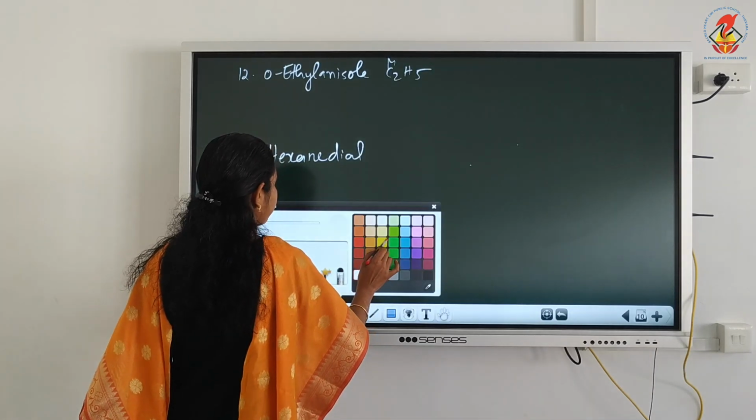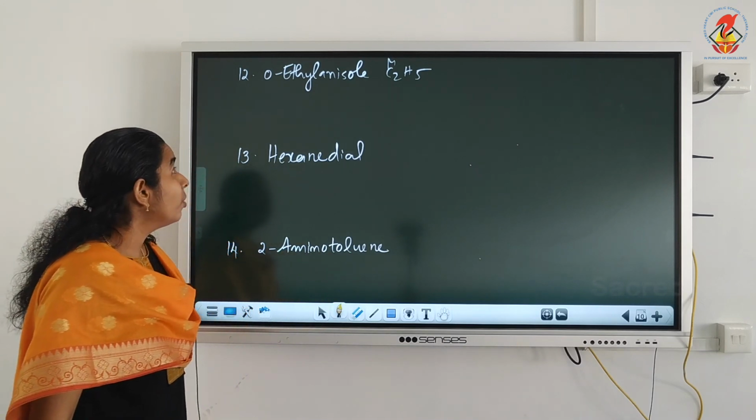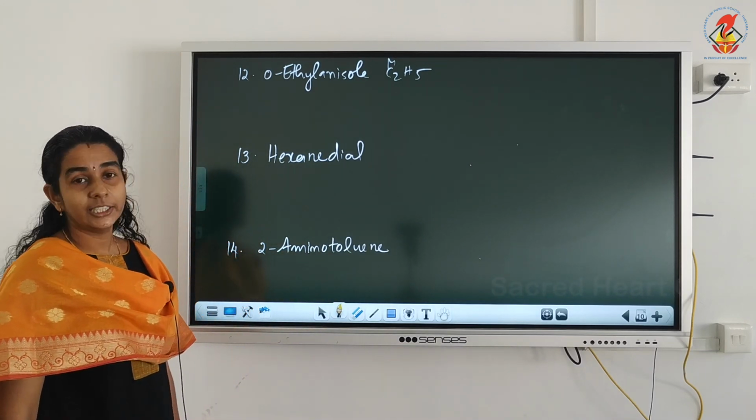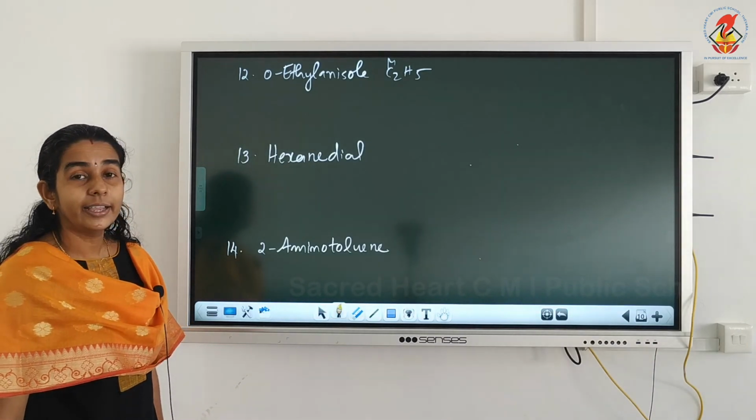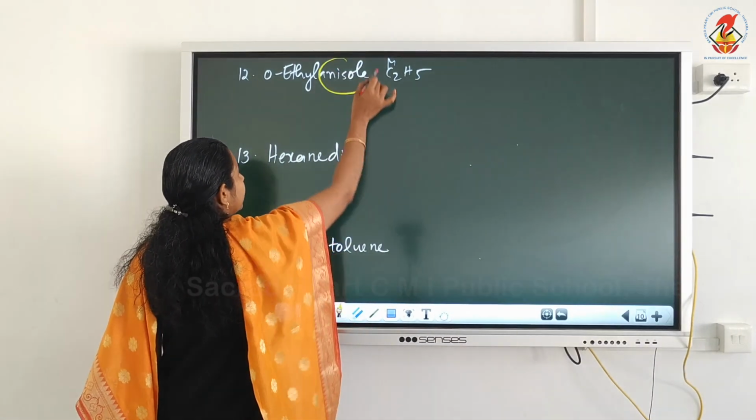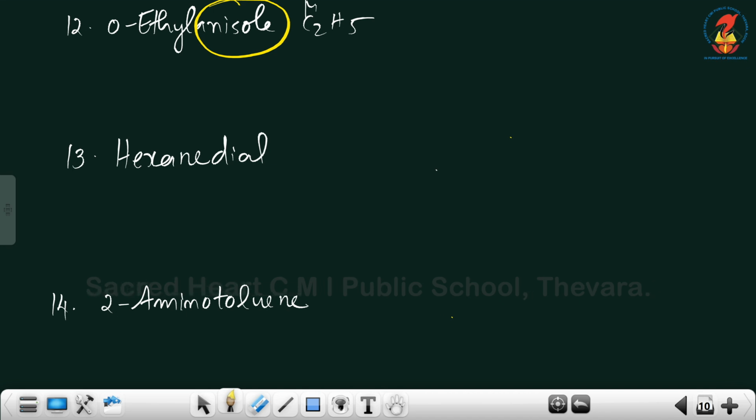Next is o-ethylanisole. The small o with a hyphen is read as ortho-ethylanisole. So the parent is anisole. This is why I told you to study the common names. If you don't know the structure of anisole, you won't be able to draw the structure.